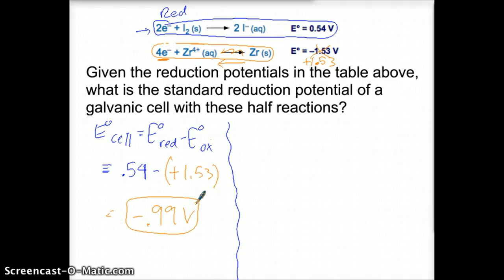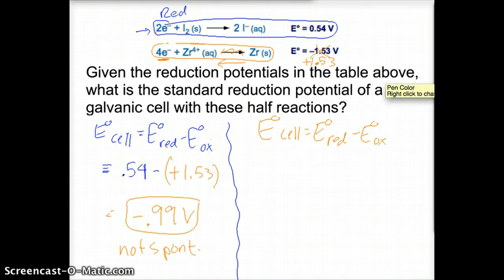Negative standard electron potentials, not spontaneous. So electrons would not flow in this direction. Iodine can't be getting reduced. Zirconium can't be getting oxidized. So therefore, if we look at the other way, E cell equals E naught of what's getting reduced minus E naught of what's getting oxidized. Okay. In this case, let's make the zirconium the stuff that's getting reduced.